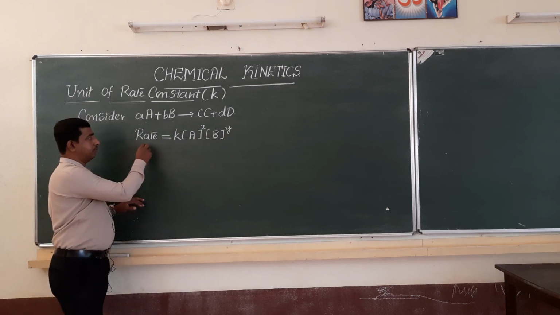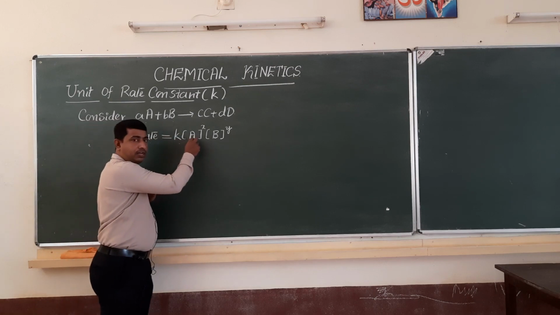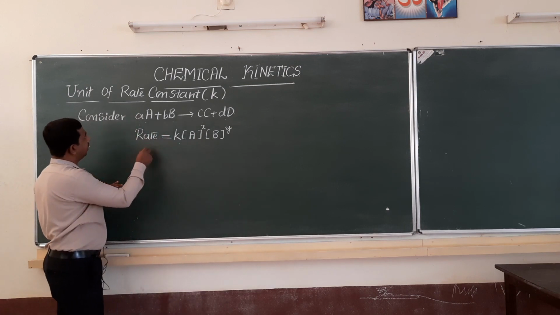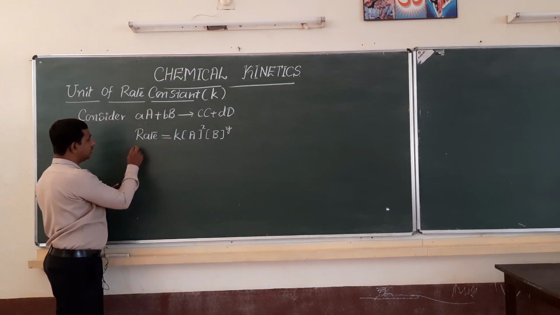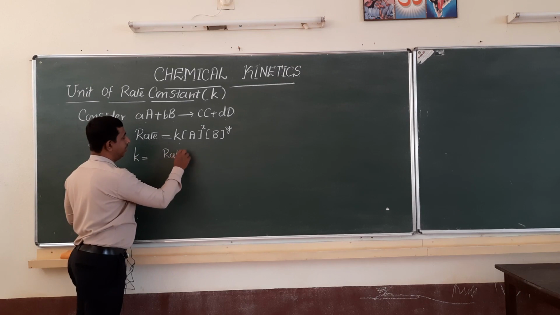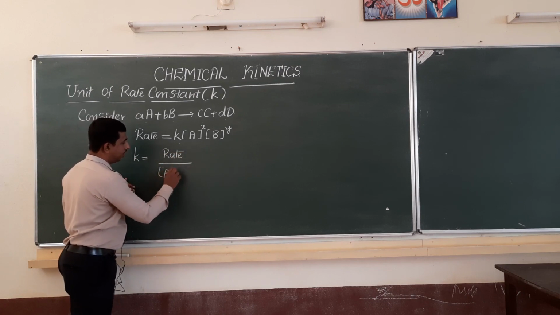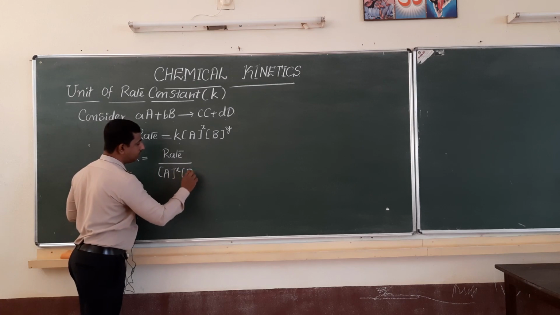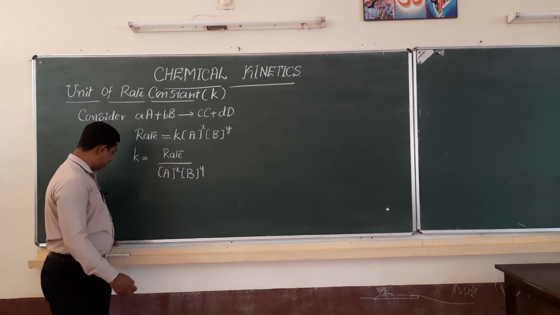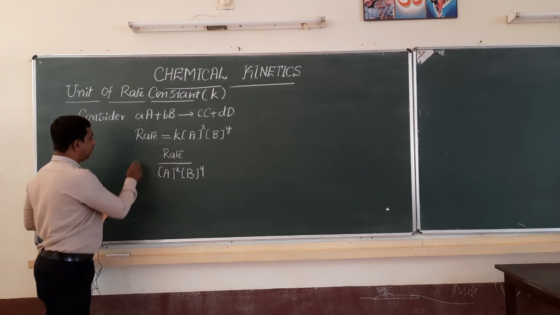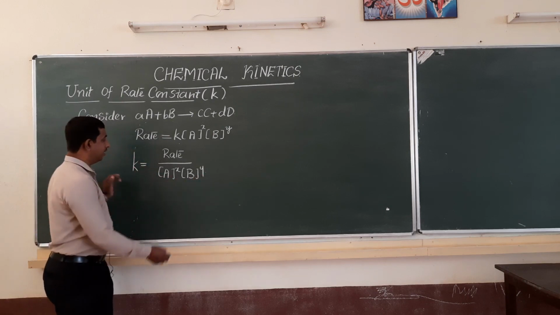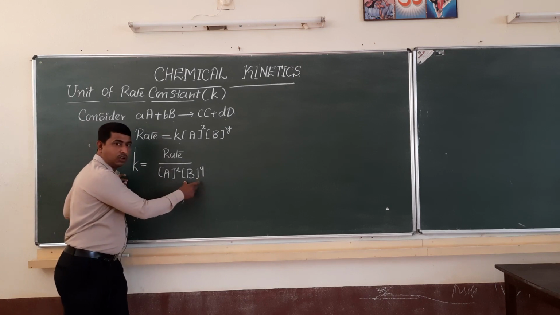So, let the rate equation be rate equal to K into concentration of A power X, concentration of B power Y. Now, the rate constant K is equal to rate divided by concentration of A power X into concentration of B power Y. See, this is a concentration term, this is also a concentration term.